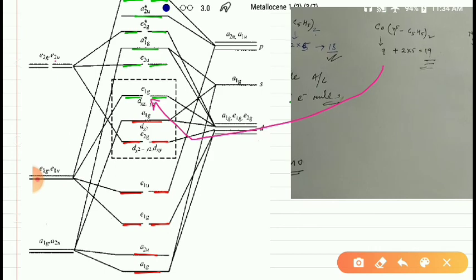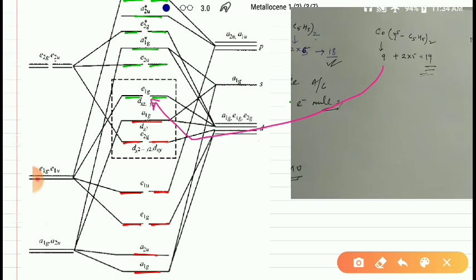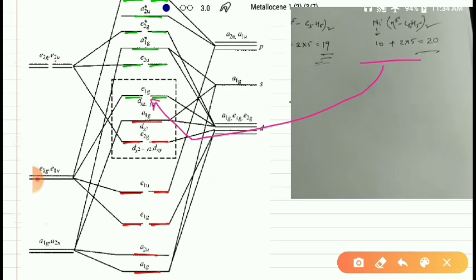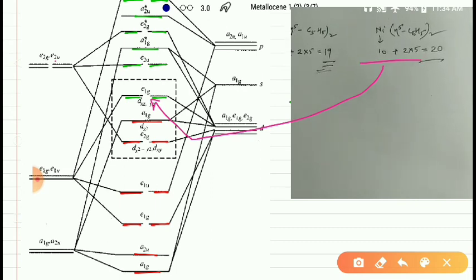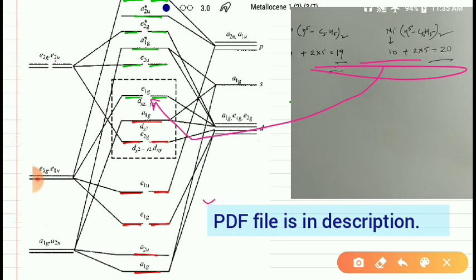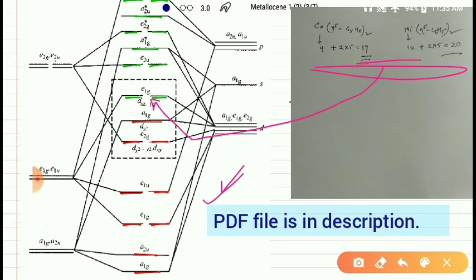Not stability, the reactivity is coming from those electrons only. Similarly here, 2 electrons will be in the E1G orbitals, which are anti-bonding. So we can use these molecular orbital diagrams to understand the stability of different complexes, different metallocenes.